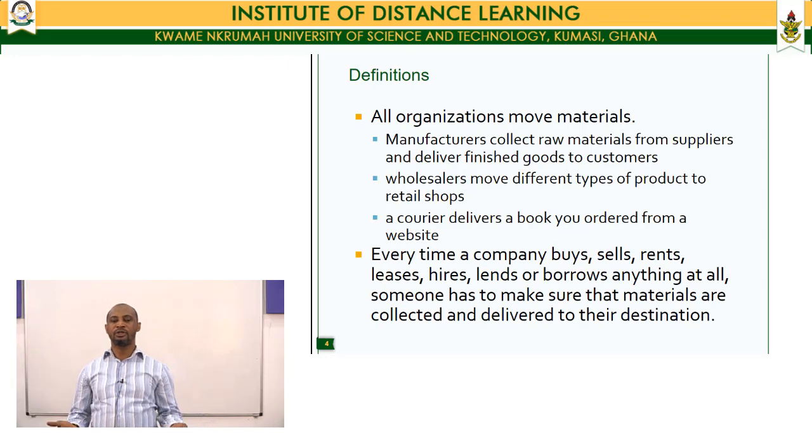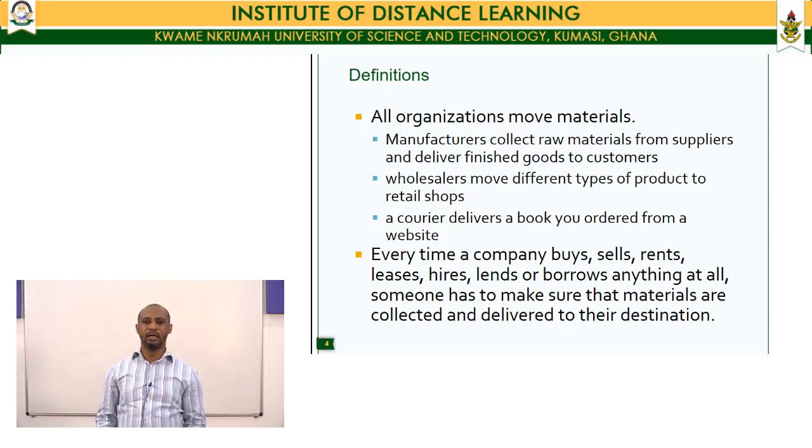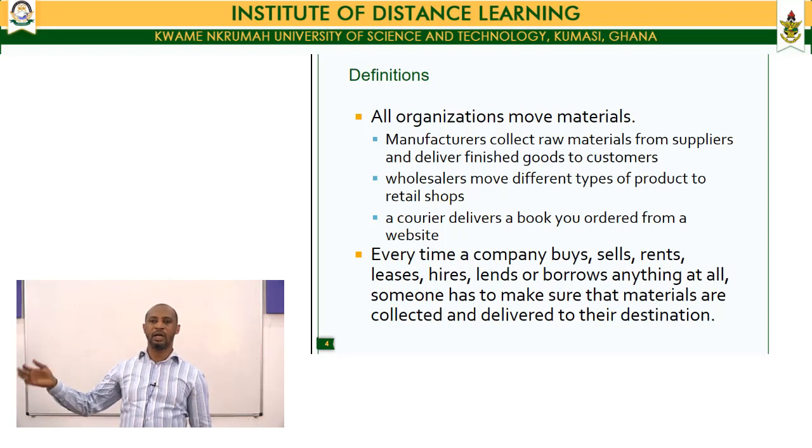So the supply chain comes from the fact that almost all organizations, in fact, I can say all organizations, move materials in one way or another. Either it is a manufacturer collecting something from the supplier, a wholesaler taking something from the manufacturer, a customer moving the goods, or the customer receiving goods.